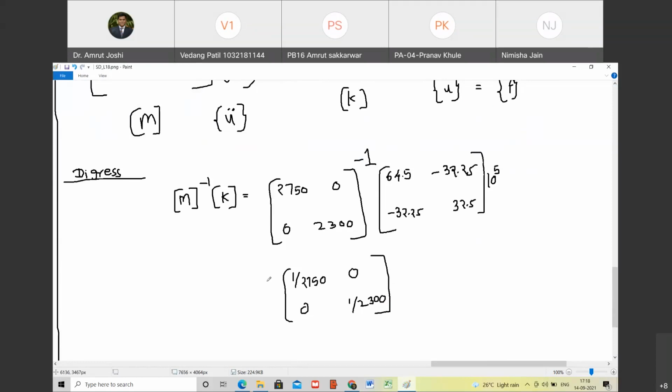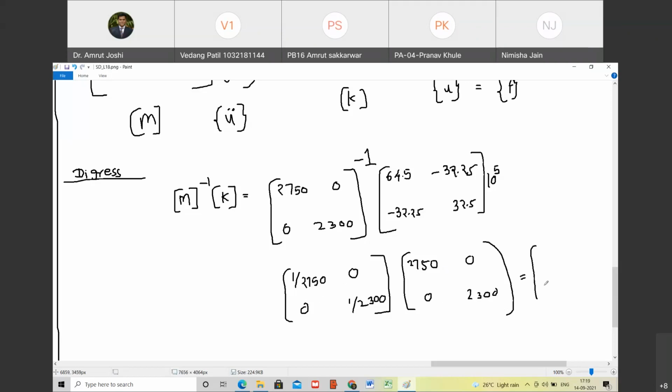Look, if I multiply this by this, if I multiply the inverse of a matrix by the matrix itself, I should get I, right? That's what you were saying, right? Yes. So if I multiply this, 2750, 0, 0, 2300, what will happen? When I multiply this by this matrix, the first row is going to be 1 plus 0, second row is going to be 0 plus 0, so this element is going to be 0, this element is going to be 1, then 0 into 0, so this element will remain 0, and then 0 multiplied by 1 is 0 plus 1 by 2300 into 2300, that is 1.